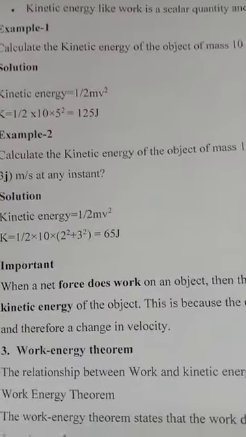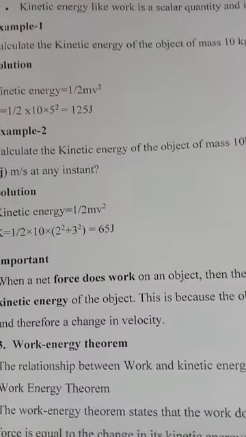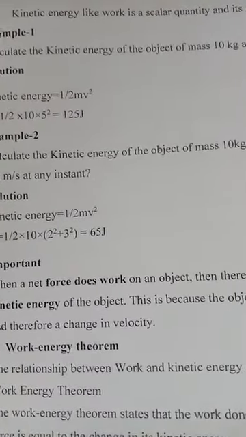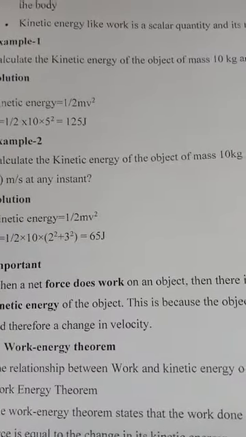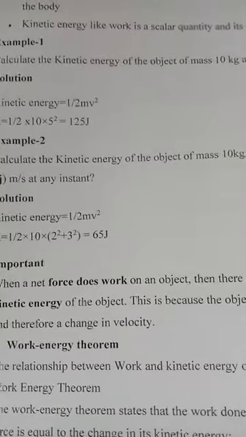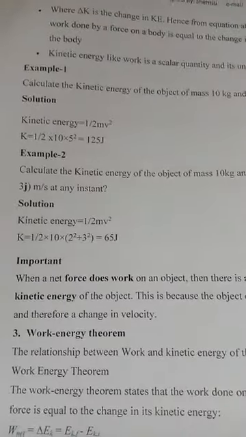Kinetic energy is equal to half mv squared. The same formula. Half, mass is 10, the same, but the velocity is given in component form. So the magnitude of the velocity, which is the speed, is simply the square root of x squared plus y squared.